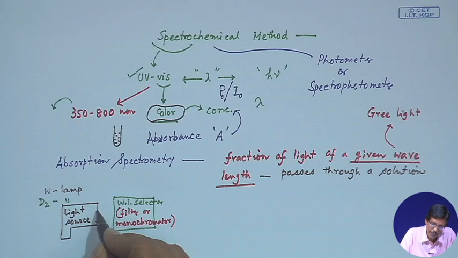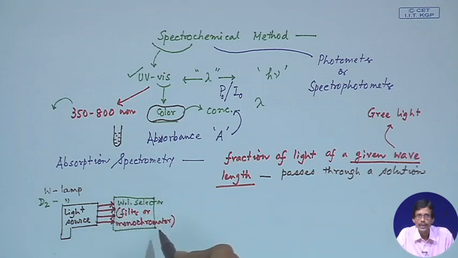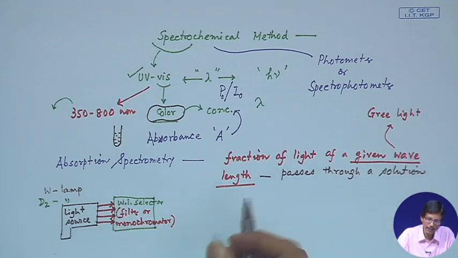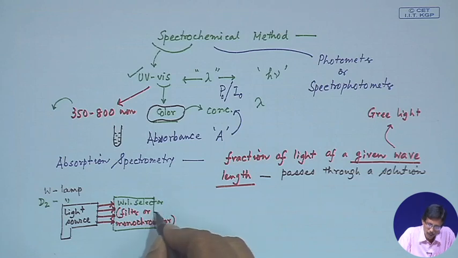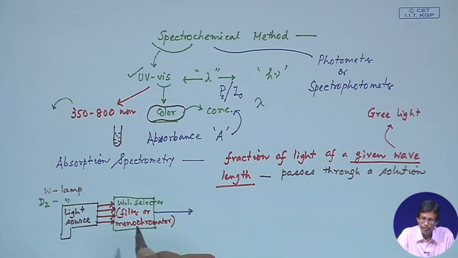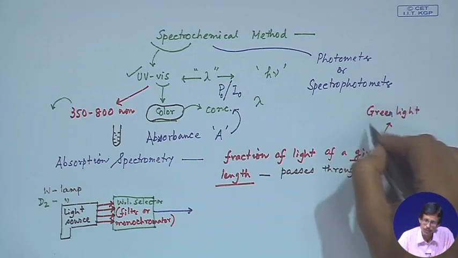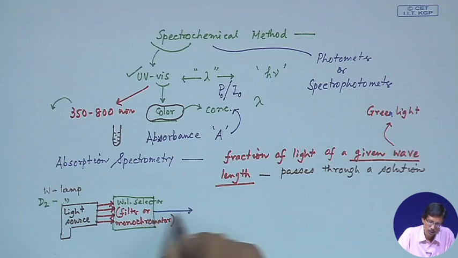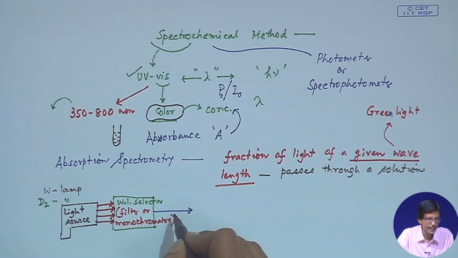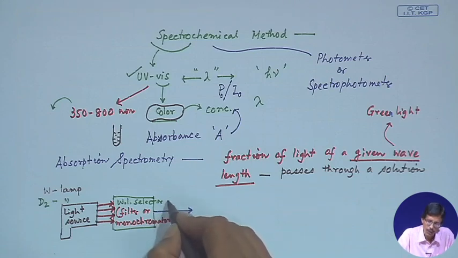So, if your white light is coming out with a range of wavelengths, we should use some filter or monochromator for that, such that we can get a corresponding filtered light. That means one particular wavelength will come out from there. If we use a green filter, the wavelength of light corresponding to the green color of the radiation will pass out and fall on the solution.